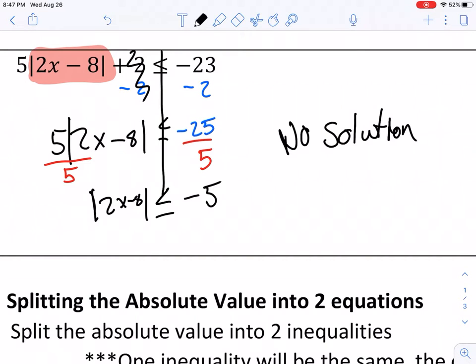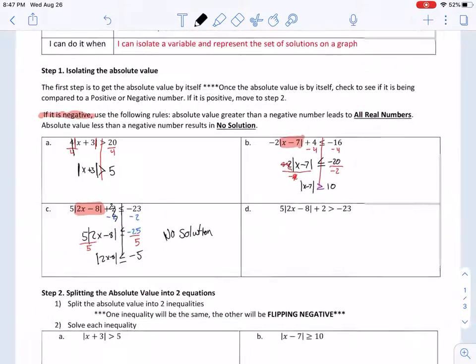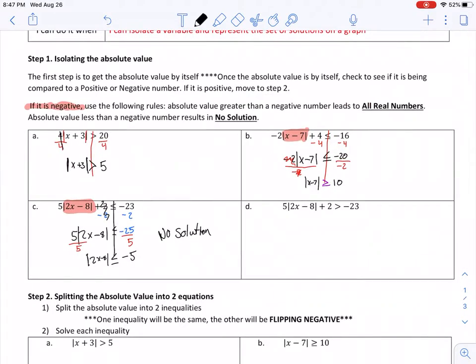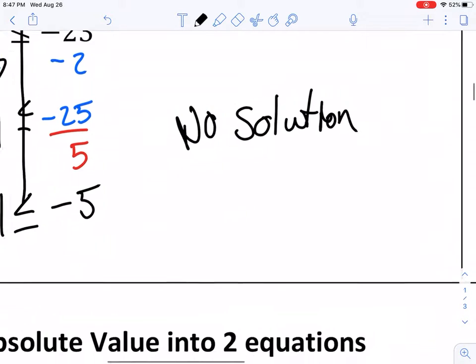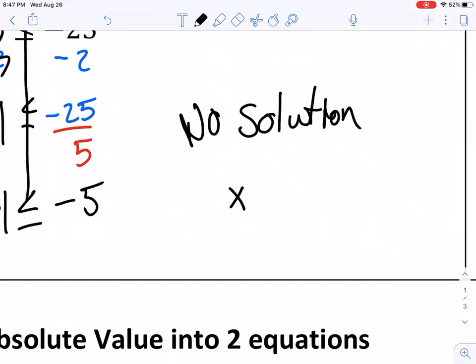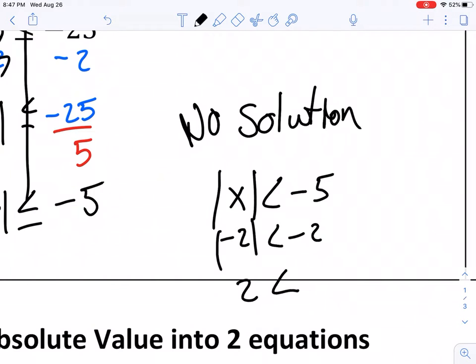If you want a little bit deeper explanation of why that's the case, think about the absolute value of x being less than negative 5. So any number that I put in here, let's say I put negative 2, the absolute value of negative 2 is positive 2, and positive 2 is not less than negative 2.